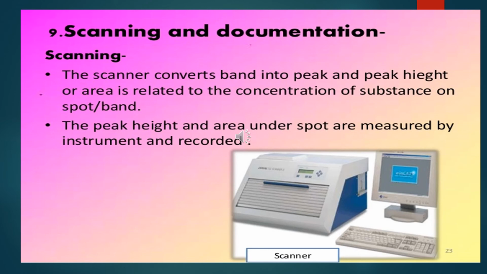Scanning and documentation. Scanning. The scanner converts the band into a peak, and peak height or area is related to the concentration of substance on the spot or band. The peak height and area under the spot are measured by the instrument and recorded.